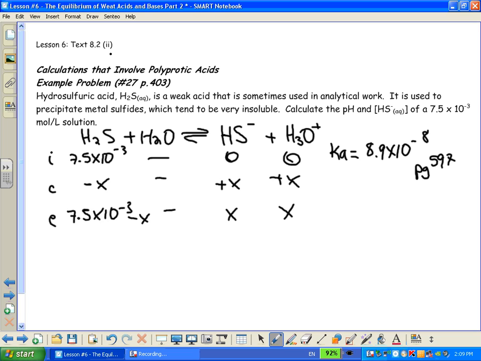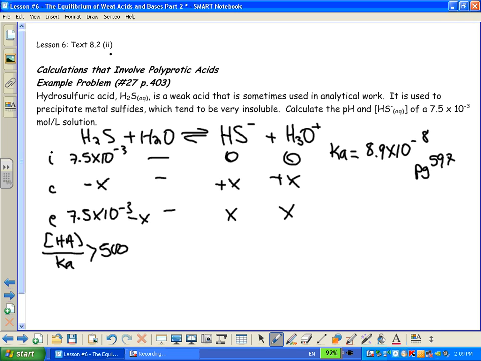Okay, so we need that Ka value in order to figure out if we need to ignore X or not. So whether it's greater than 500. So if you plug that in, remember it's just HA divided by your Ka must be greater than 500.